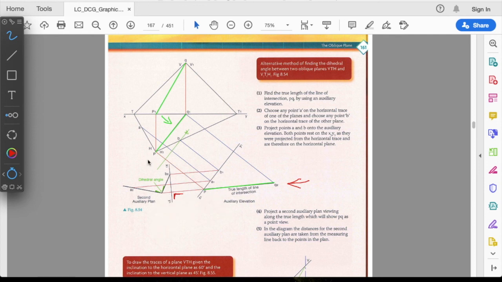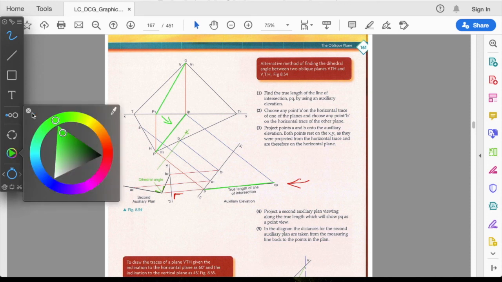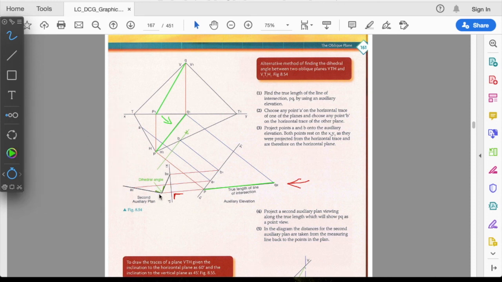Now what this does is that it gives us the true length of the line of intersection as a point, okay? Now, because we're looking for the dihedral angle, if we see the true length as a point, it means that we're looking directly in along the two planes. Okay, so we're looking directly in at them to be able to find where the dihedral angle is.